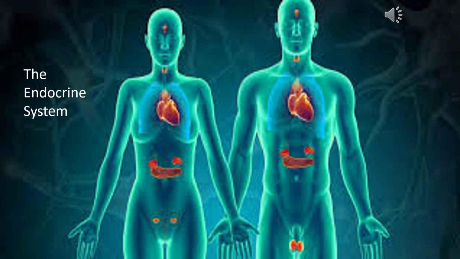Remember that the hypothalamus is a 24/7 blood chemistry monitor. So it will monitor the temperature of the blood, it will monitor the water content of the blood, it will monitor the nutrient content of the blood, and if anything is off, the hypothalamus will take action to correct it.